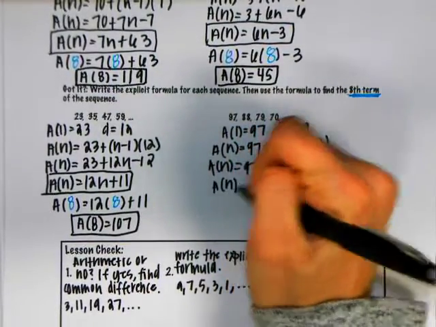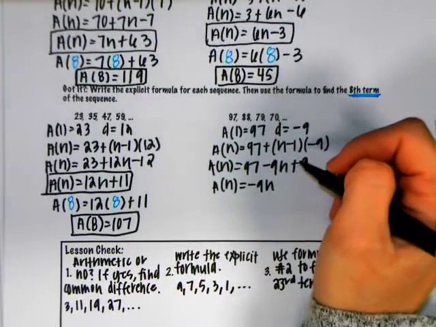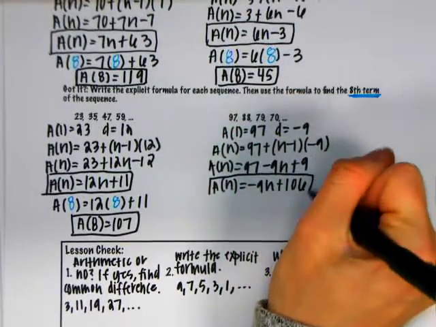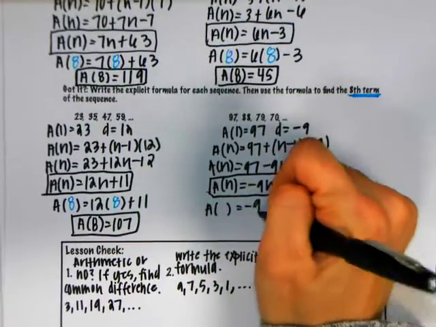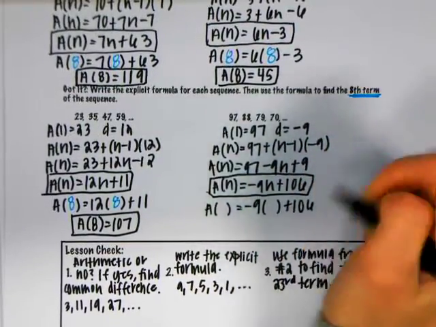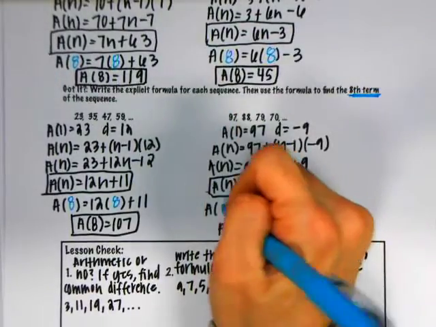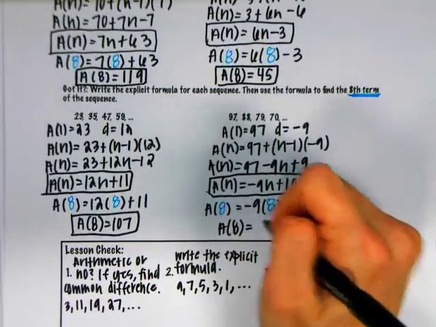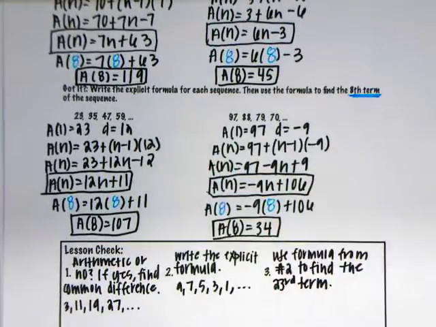So your formula should be a of n equals negative 9n plus 106. And then what did we get for the eighth term? 34? Great.